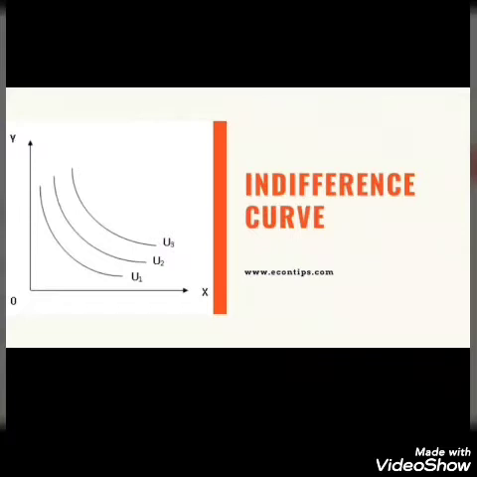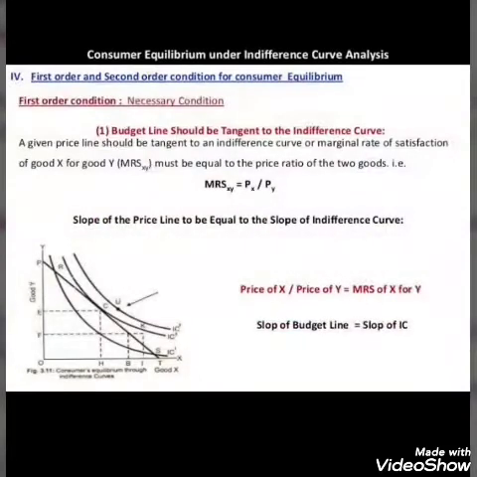Suppose we get satisfaction 10 from 1 cup of tea, and satisfaction equal to 10 from 2 cups of coffee. So this is the indifference set. We get equal satisfaction from both combinations, but they have different commodities.